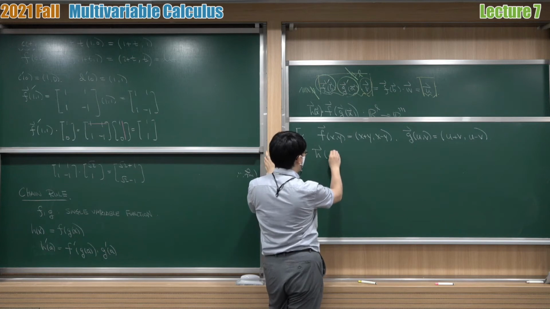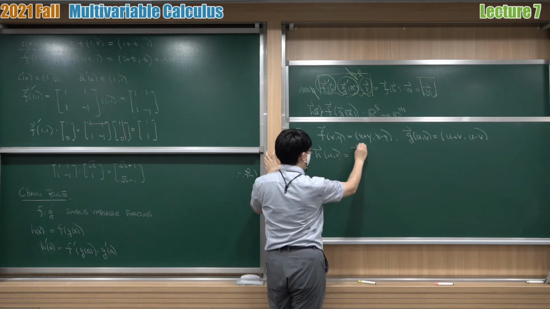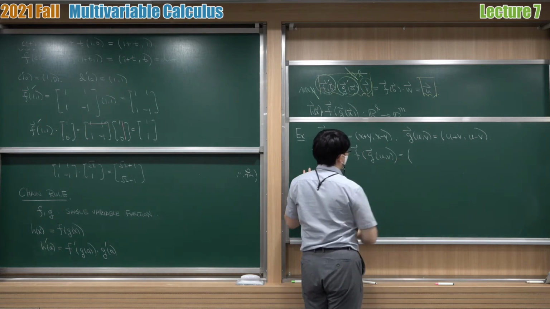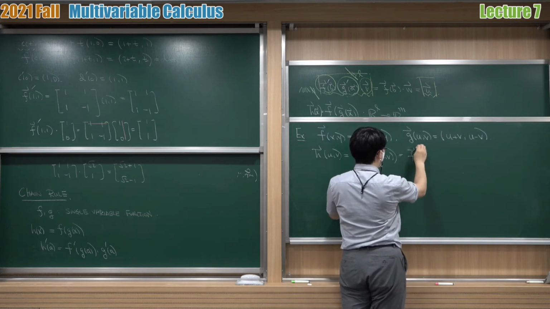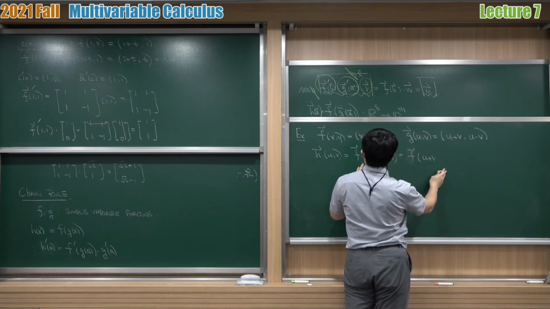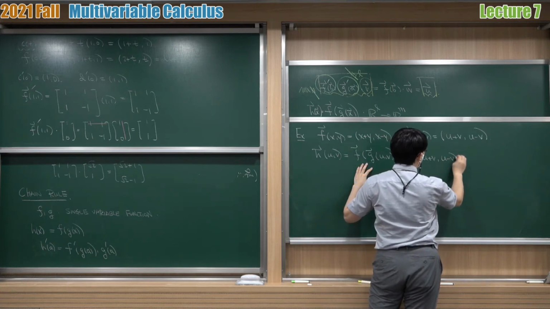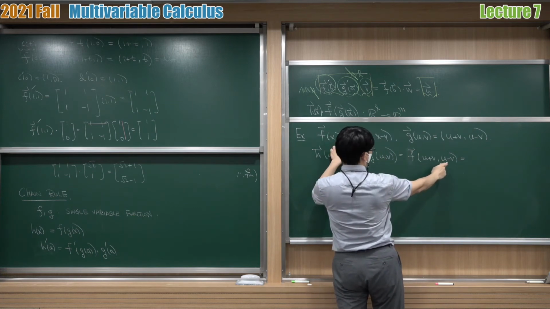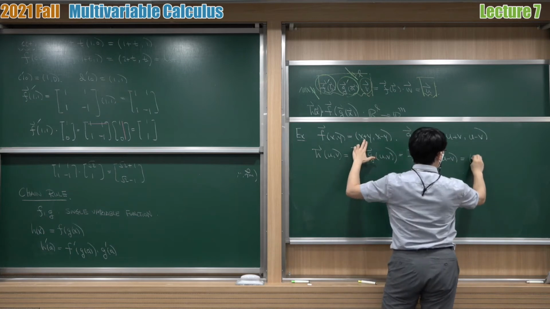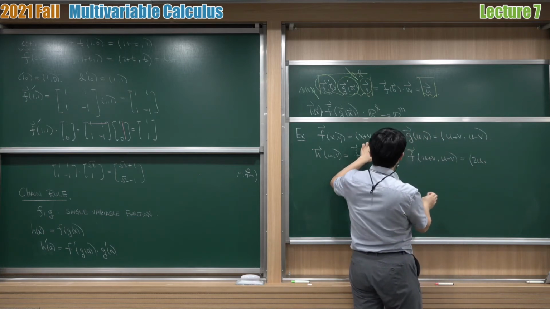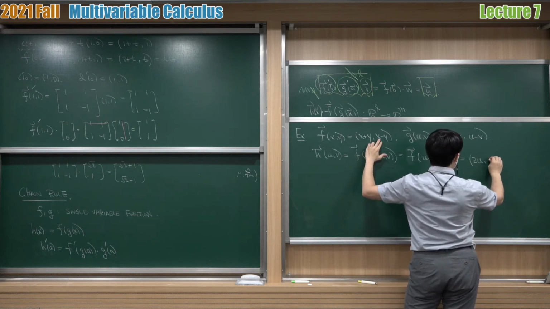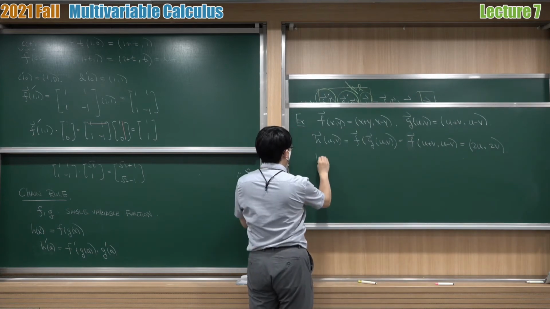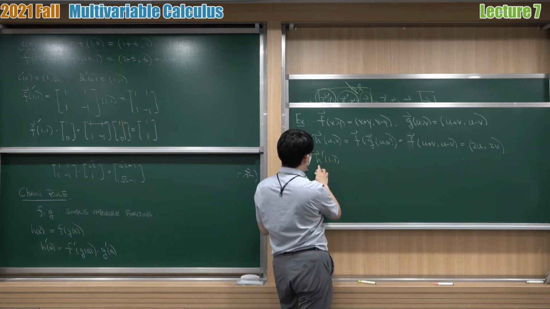It's a function of U, V because I'm going to take F composite G. So I'm going to plug in U plus V, U minus V inside of F. So inside, X is equal to U plus V and Y equals U minus V. So X plus Y becomes 2U, right? And X minus Y becomes 2V.